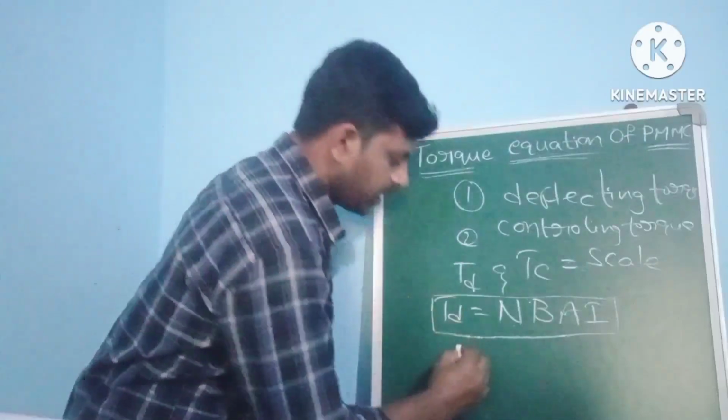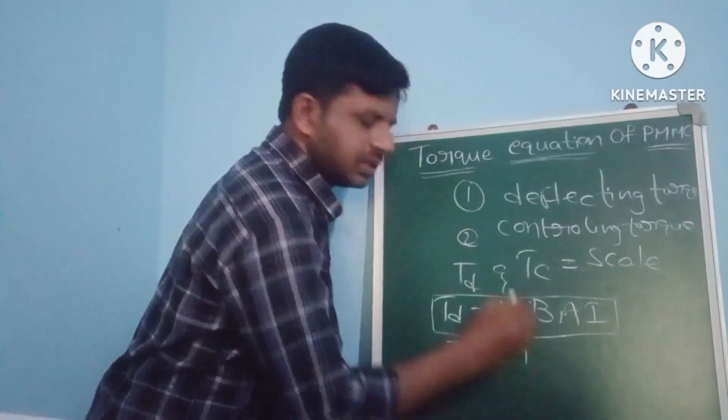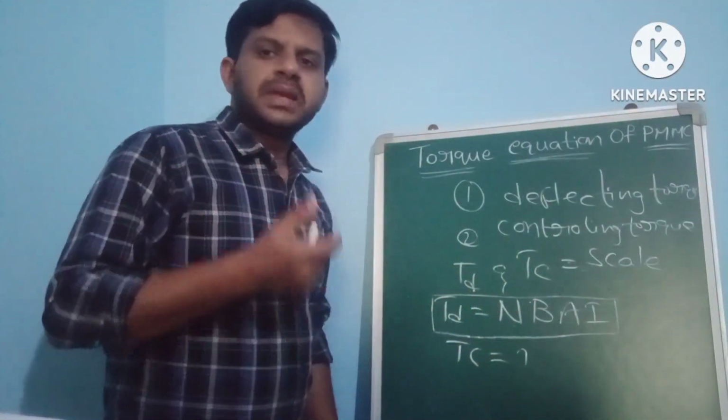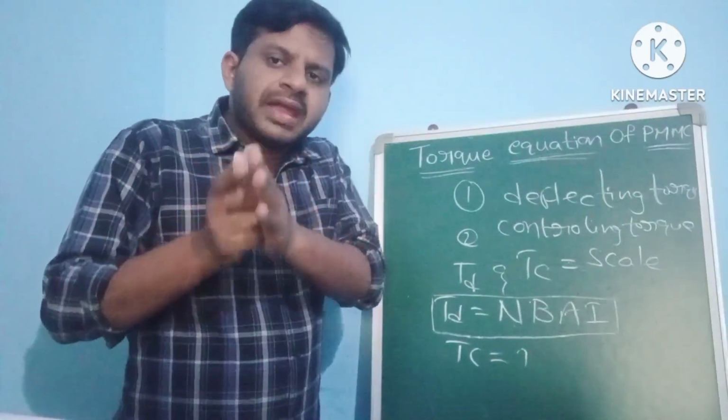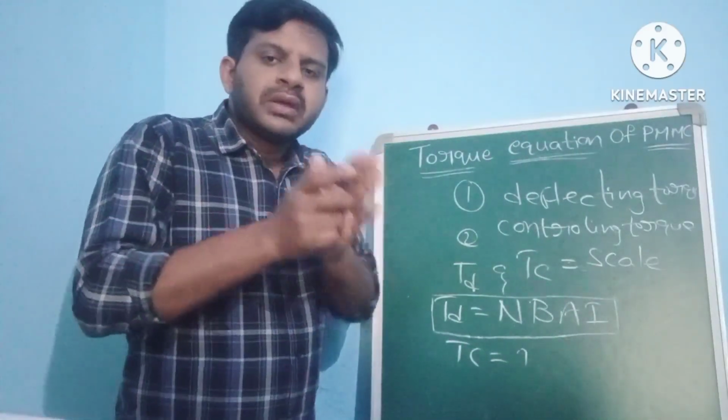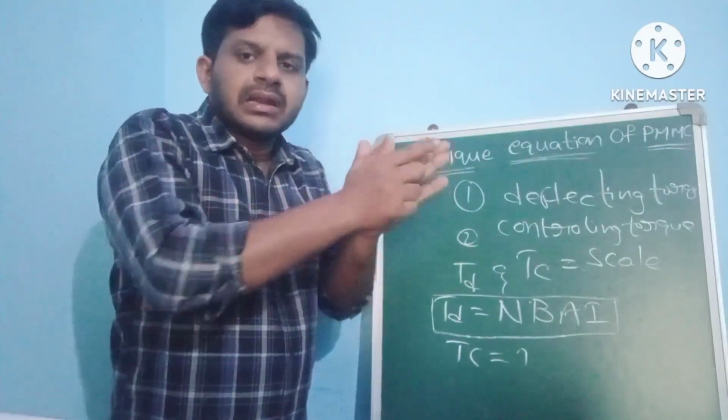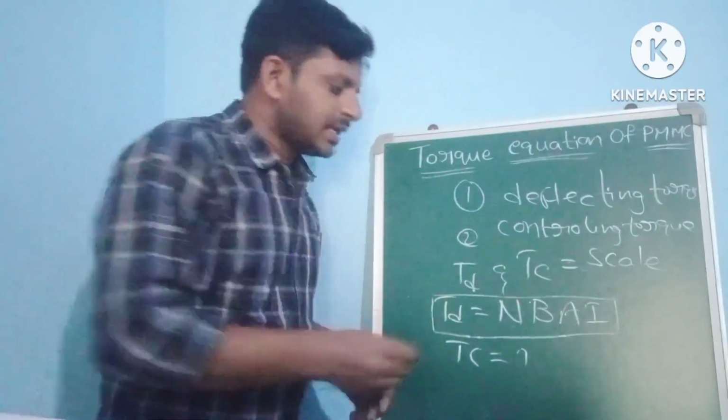Next is the controlling torque, TC. The controlling torque exists whenever the pointer moves back from its final position toward its initial position, through some angle. That angle is given as theta.